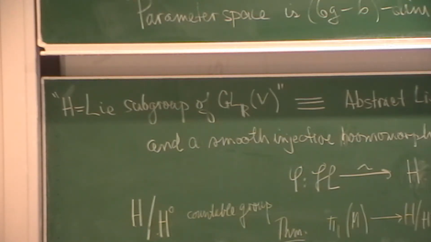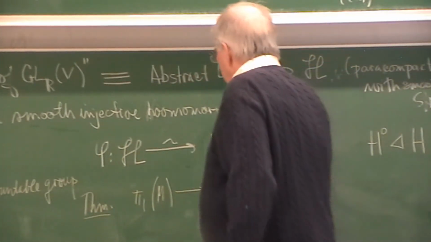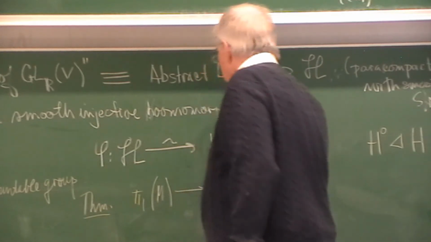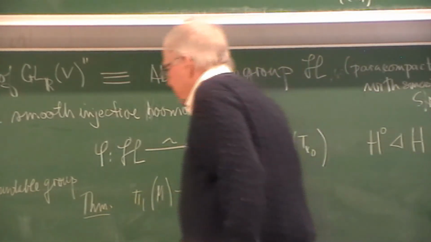It's more or less obvious, right? Because if you have something in a connected component, then you can move it back to the identity, retracting it back to the identity. So it has to be trivial at the level of that. So really, the interesting thing is the holonomy.